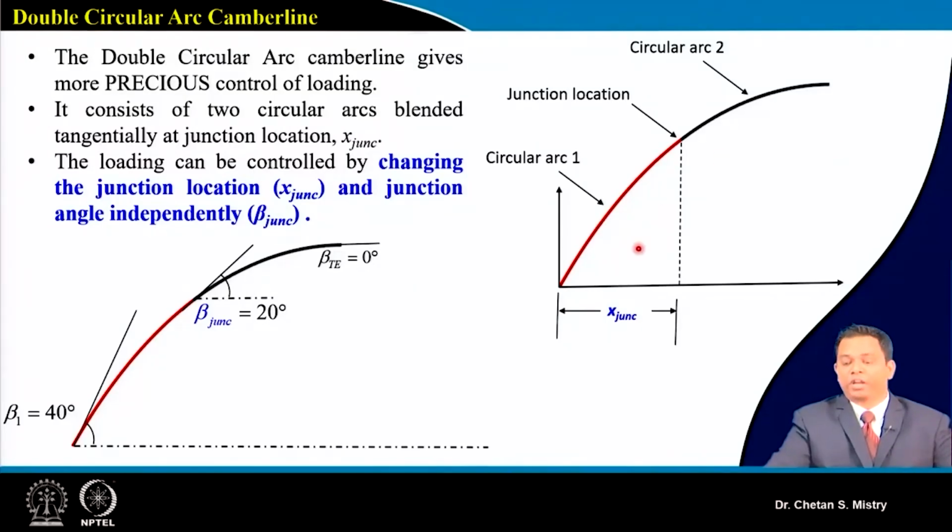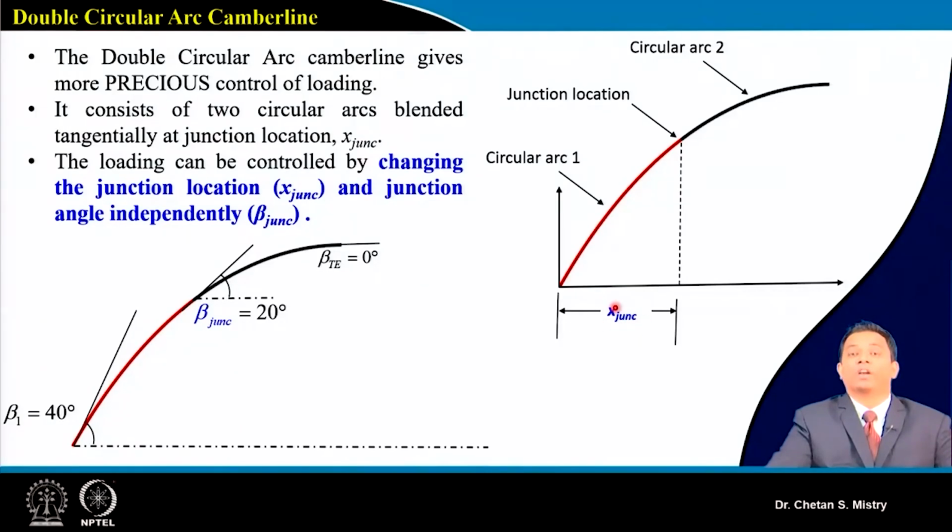So here, this is what represents the double circular arc camber line. Now, in this double circular arc, I have one circular arc and this is my circular arc 2. At some location I define a junction, so this is my junction point.